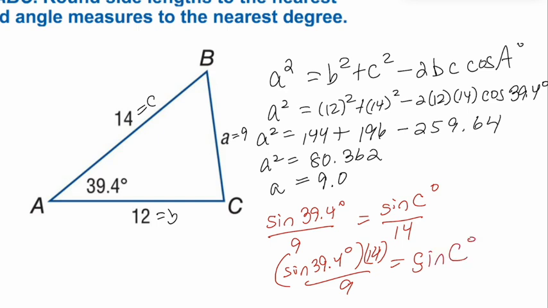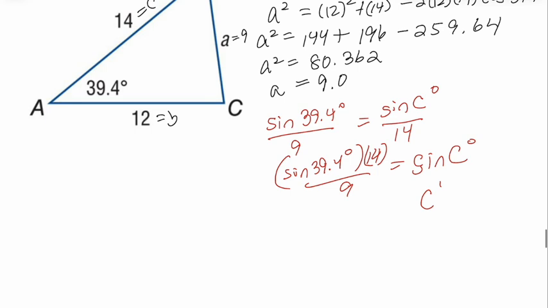How do we enter that into a calculator when we find an angle? What button do you have to push if we're looking for an angle? The second button, remember? Or sometimes it will actually say inverse, INV, on some calculators. So the angle will be the inverse sine of the sine of 39.4 times 14 divided by 9.